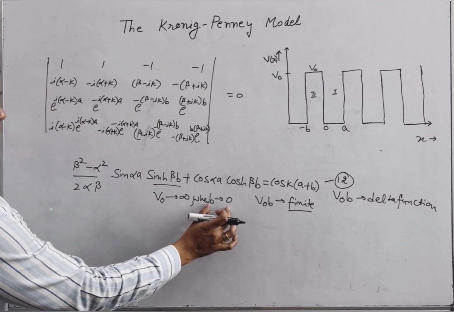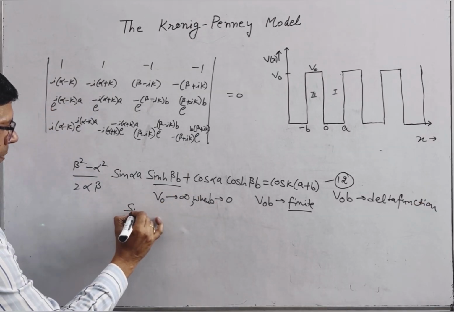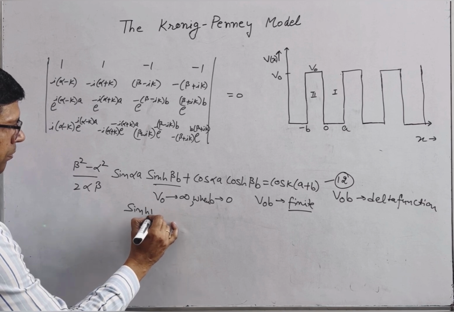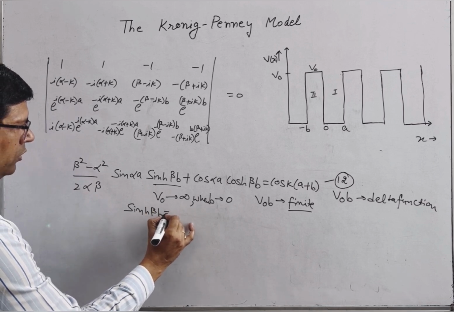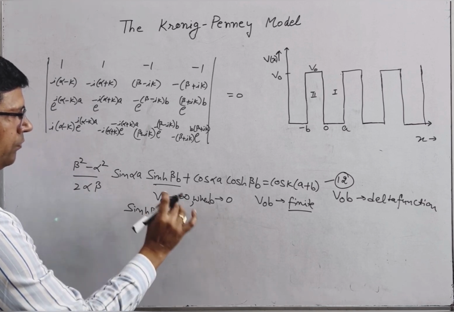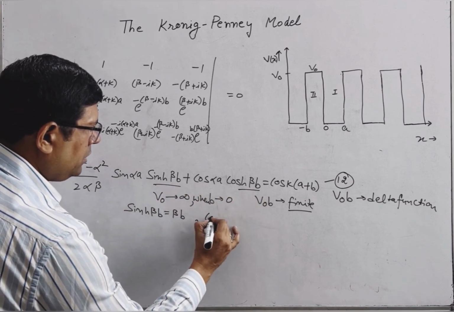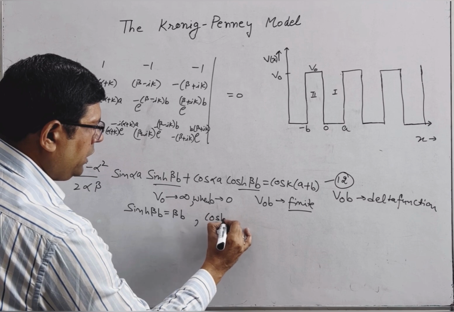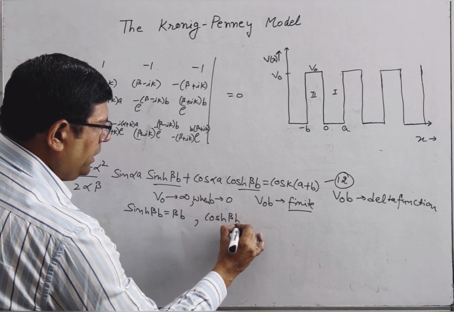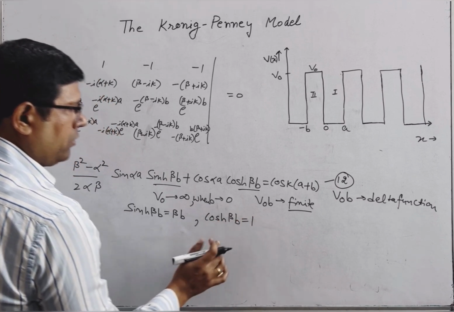When b approaches 0, hyperbolic sin beta b will be beta b, and hyperbolic cos beta b will be 1.